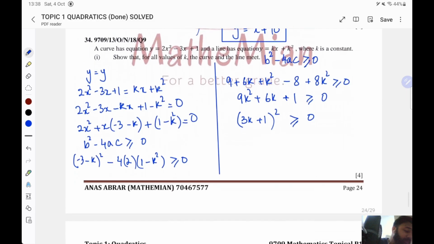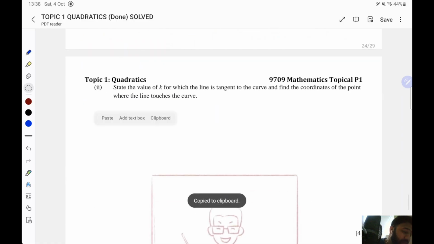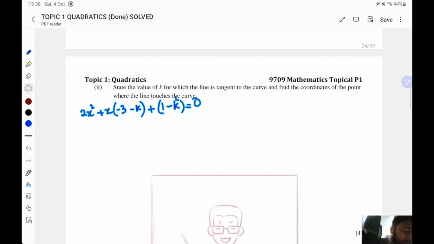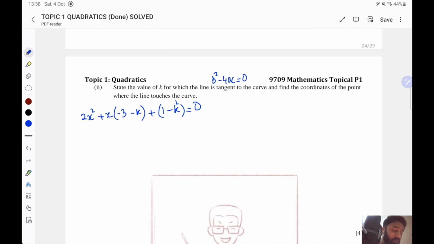So for the line to be tangent to the curve, let me take this equation of intersection that we found in the previous part, and we know that the line and curve are tangent. It means that b² − 4ac will be equal to 0.